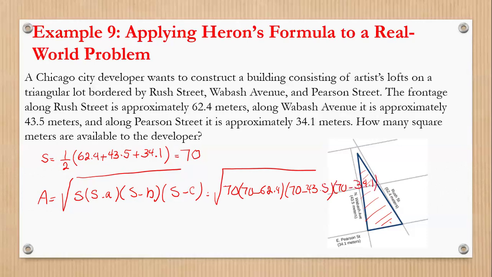Subtract the numbers inside the parentheses. This is 7.6, this is 26.5, and this one is 35.9. Multiply all the numbers and then take the square root.